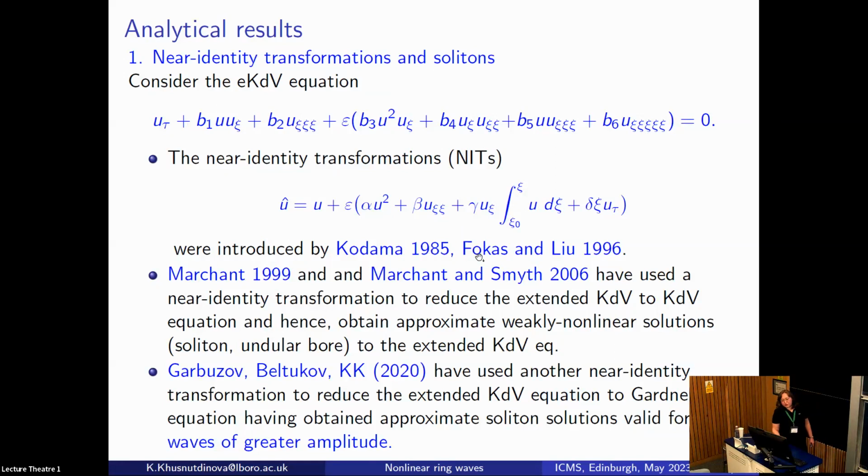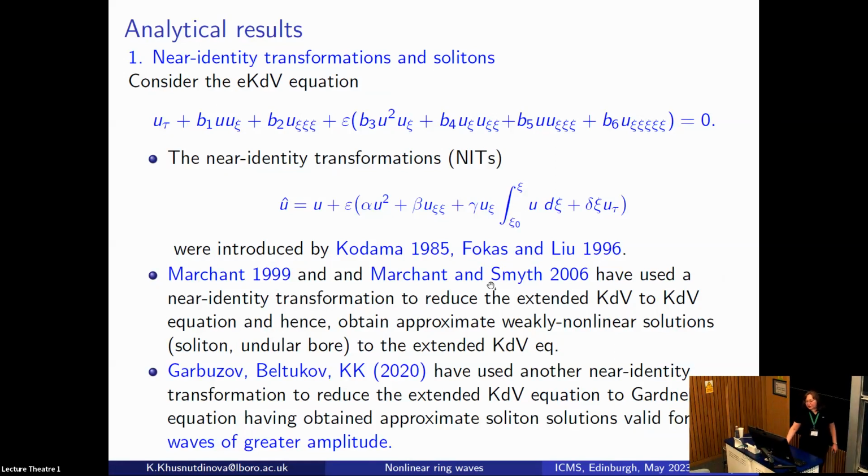And later on, Fokas and Liu have extended the transformations and showed that with these extended transformations, one can actually reduce the extended Korteweg-de Vries equation to KdV itself, not just to the fifth-order KdV.